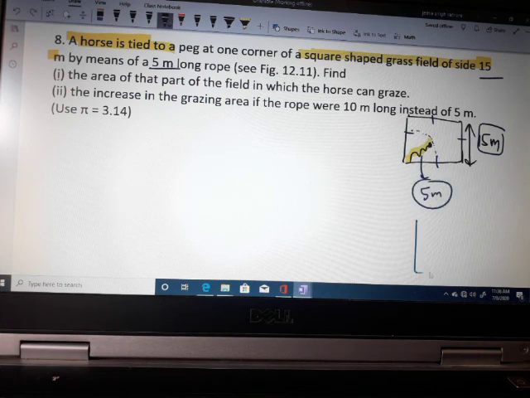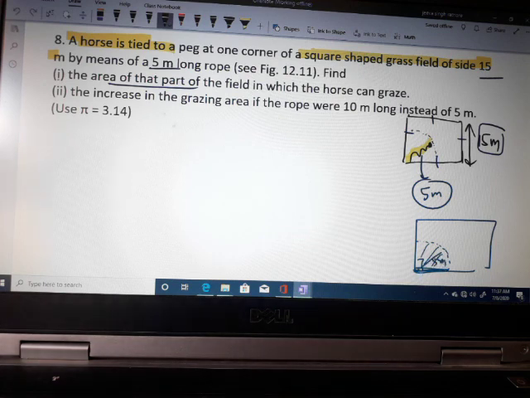So the horse will graze in this way at maximum. The horse can move in this way, and that will form the area of a quadrant. So you have to find the area of the part in which the horse can graze. The radius of the circle is equal to the rope length, 5 meter.